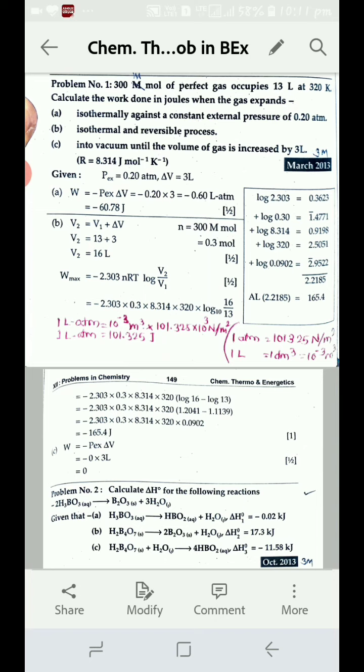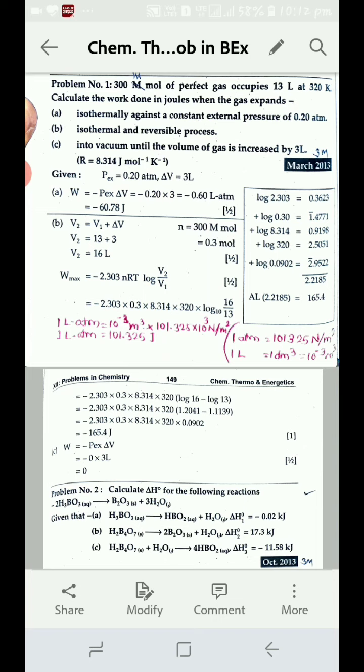So 1 half H2B4O7 solid gives B2O3 plus 1 half H2O. If we divide equation B by 2, then you have to also divide delta H2 0 by 2. So 17.3 divided by 2.